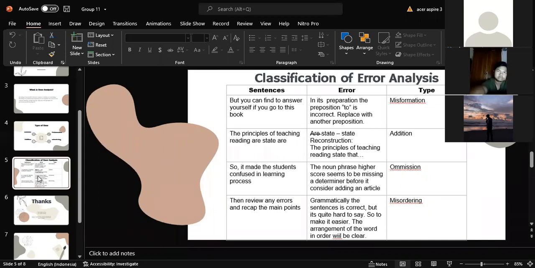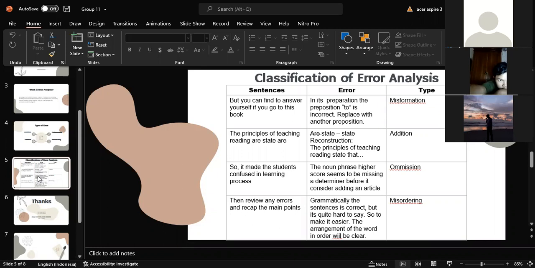The type is misformation. Then, the principle of teaching reading states that reconstruction. The principles of teaching reading states that... the type is addition.